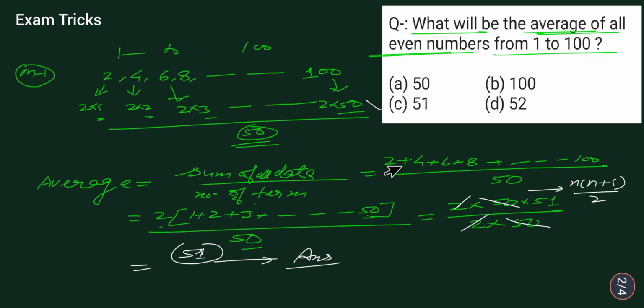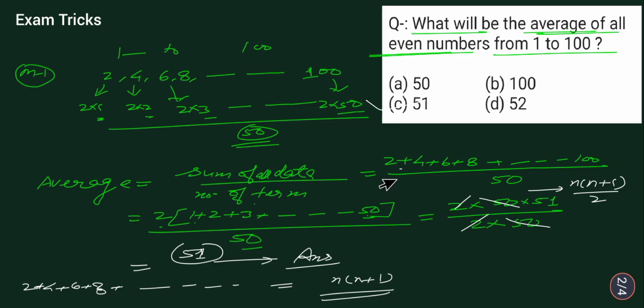If you don't take 2 common, there is another formula for 2 plus 4 plus 6 plus 8 and so on. For this series the formula is n into n plus 1, so don't take 2 common.